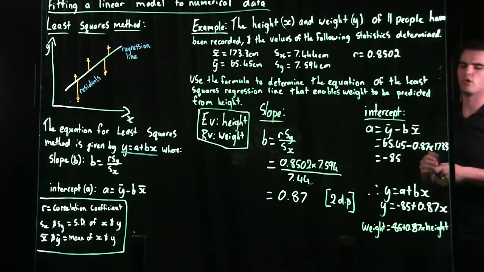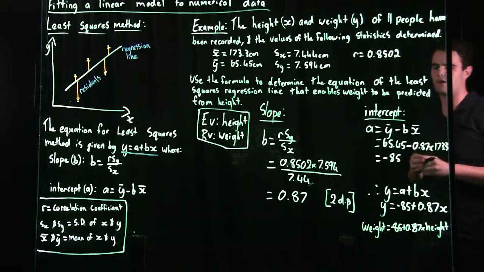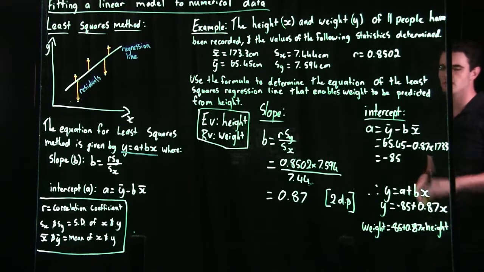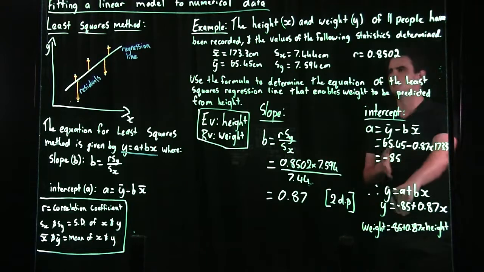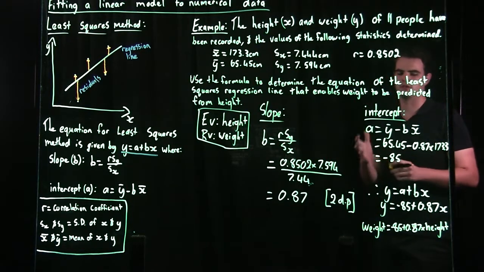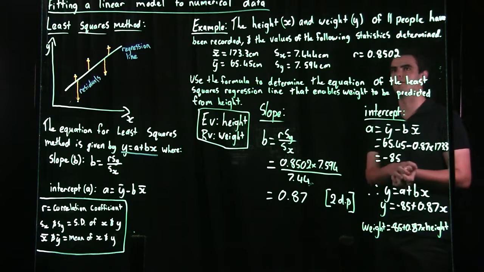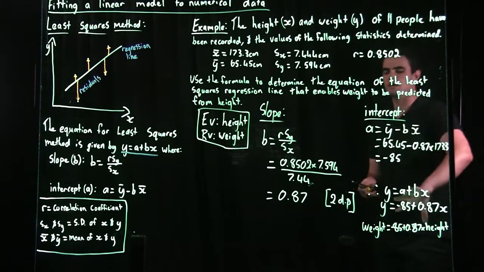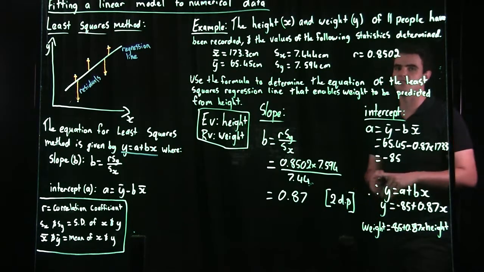Instead of writing y equals negative 85 plus 0.87x, I've substituted it for weight equals negative 85 plus 0.87 multiplied by height.